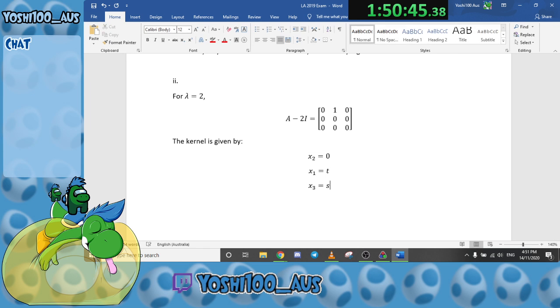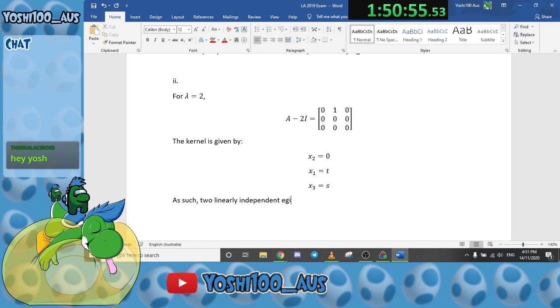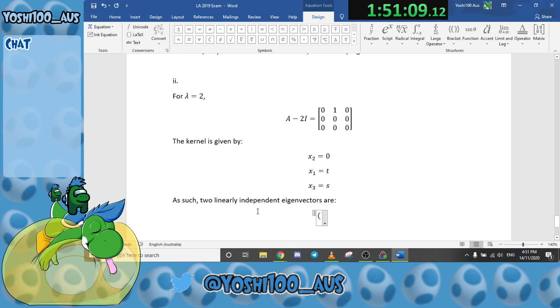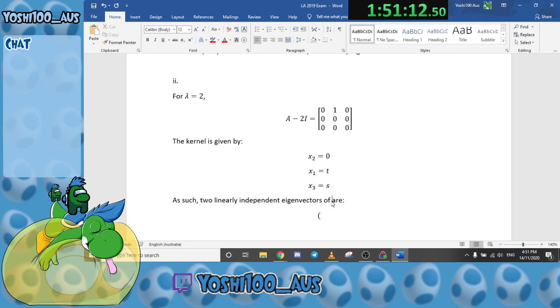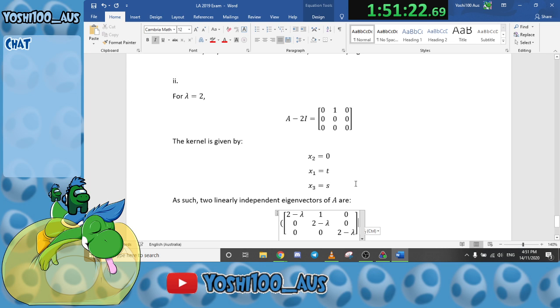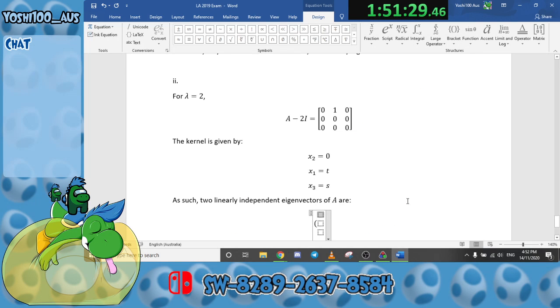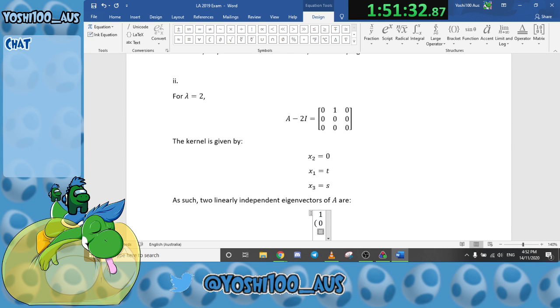Okay, so as such, the two linearly independent eigenvectors are, and then you just write them as... So you get 0 here, but then you have 1 here and 0.